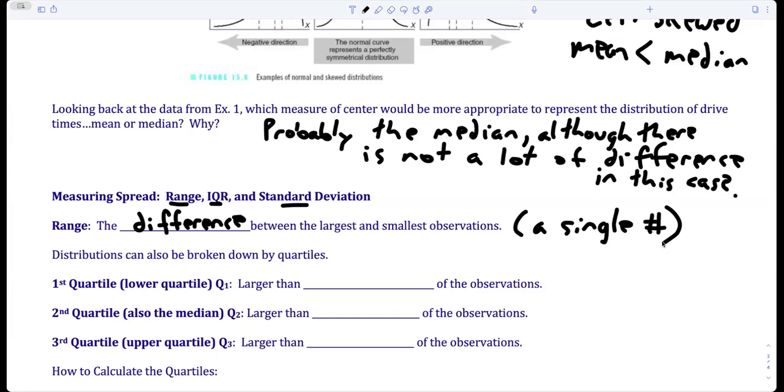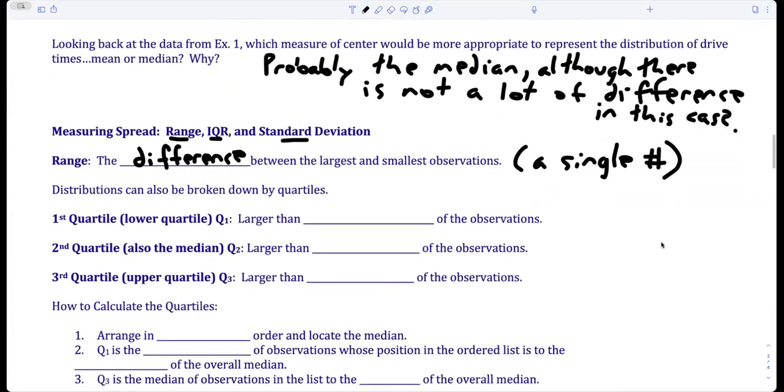Distributions can also be broken down by quartiles. Okay, so we have the first quartile, or Q1, it is larger than 1/4 or 25% of the observations.